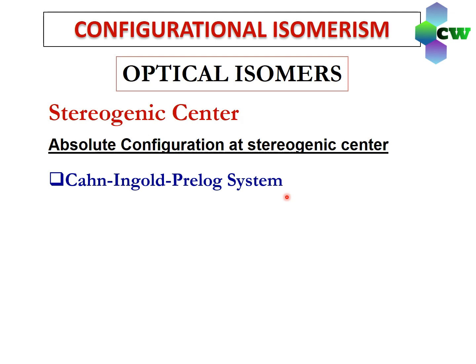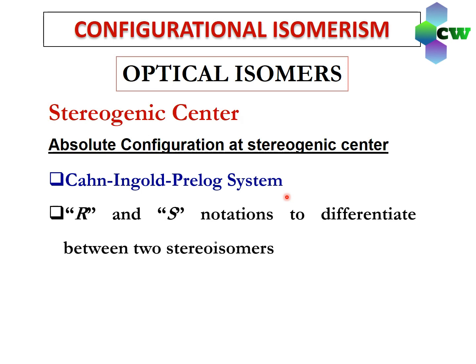So we have to analyze all the 4 groups, or all the 4 atoms that are directly attached to the stereogenic center, and assign them priorities in decreasing order of their atomic number. And that will lead us to determination of the absolute configuration.